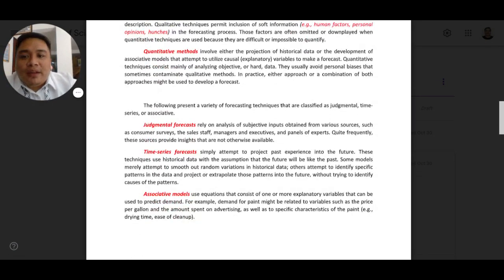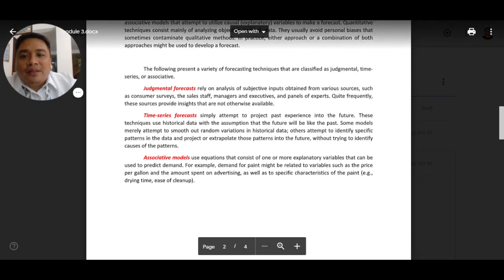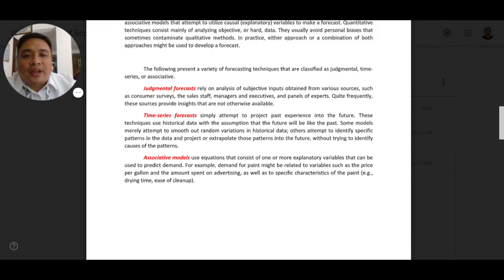Okay. Next, the following present a variety of forecasting techniques that are classified as judgmental, time series, or associative. So, what are judgmental forecasts? They rely on subjective inputs obtained from various sources, such as consumer surveys, the sales staff, managers, and executives, and the panel of experts.